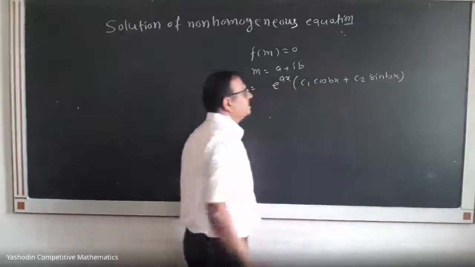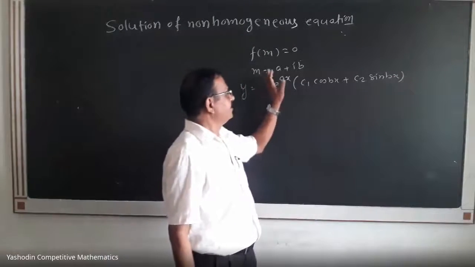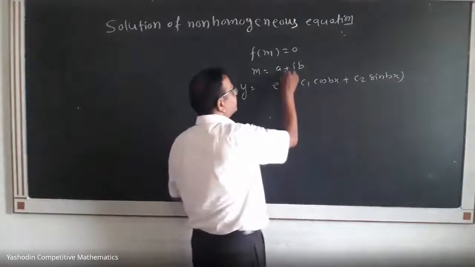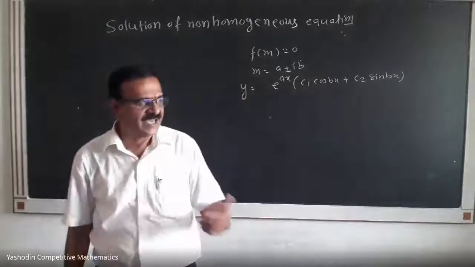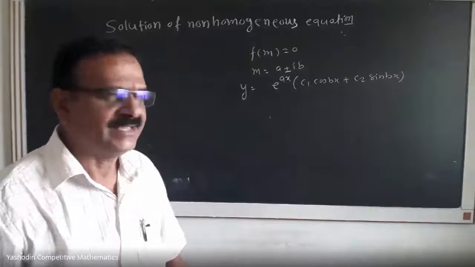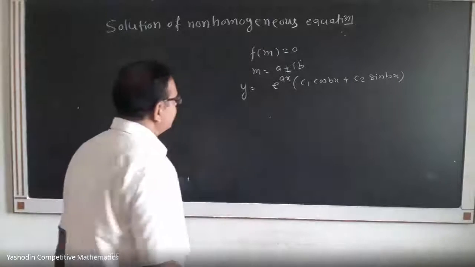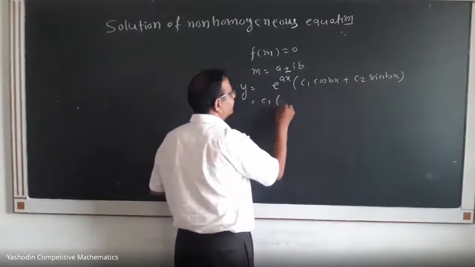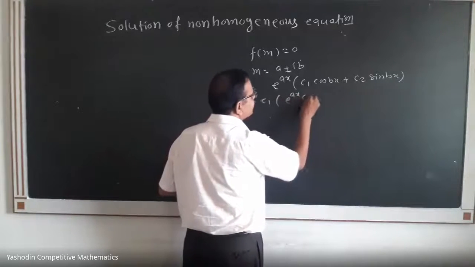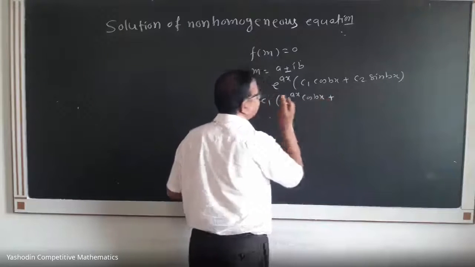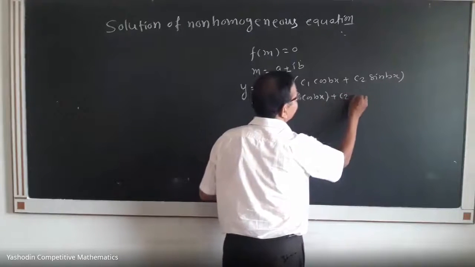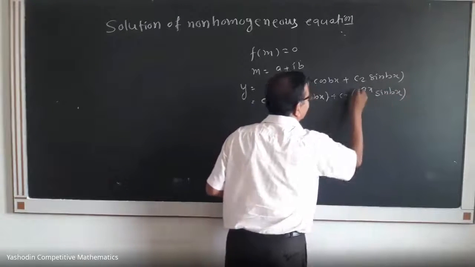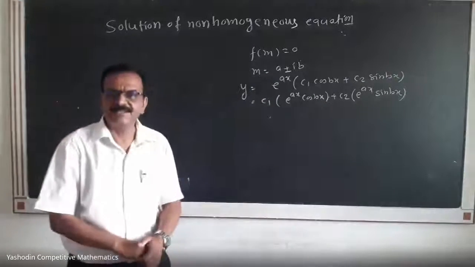And we know that complex roots always come in conjugate pairs, that is, if m equal to a plus ib is a root, then m equal to a minus ib is also a root of the same differential equation. That's why we can write y equal to c1 e raised to ax cos bx plus c2 e raised to ax sin bx. This is the solution of the differential equation.